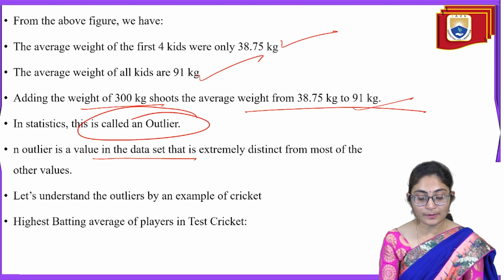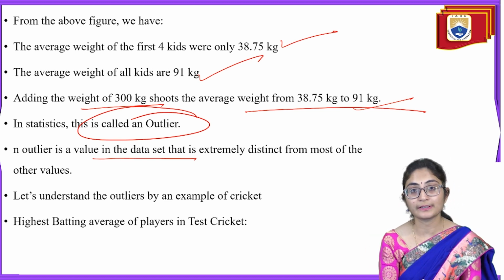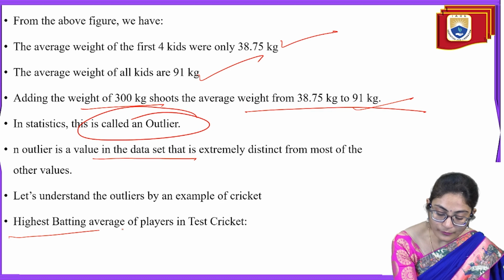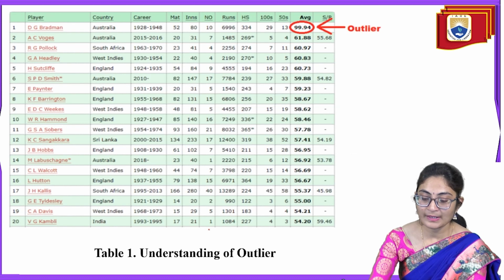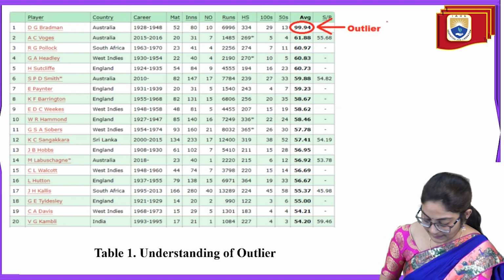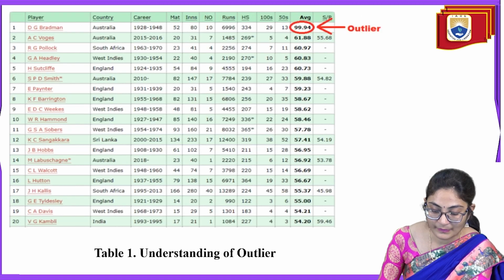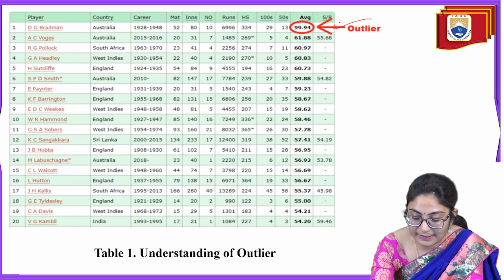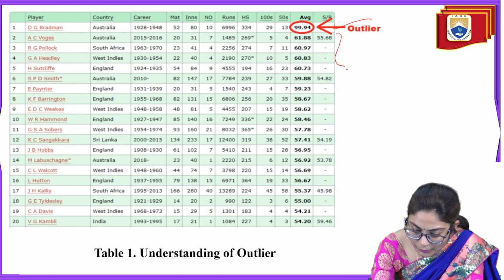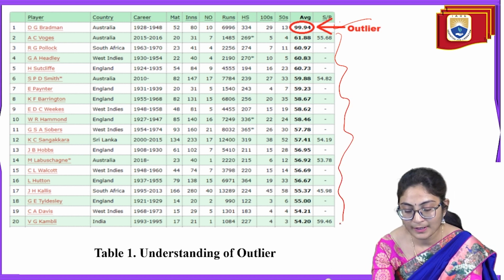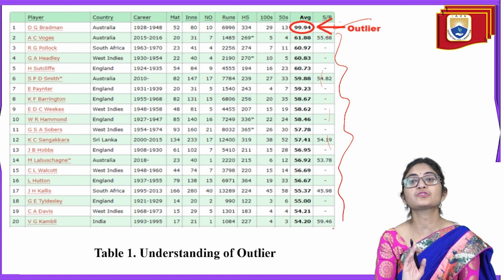Again, let's understand the outlier by the example of cricket. Highest batting average of a player in test cricket. When you observe this table, every value is close to each other.